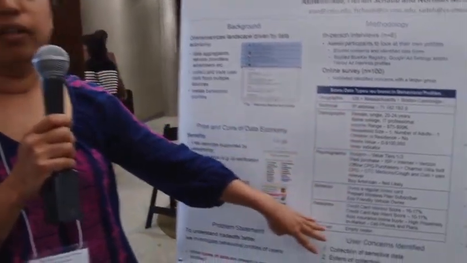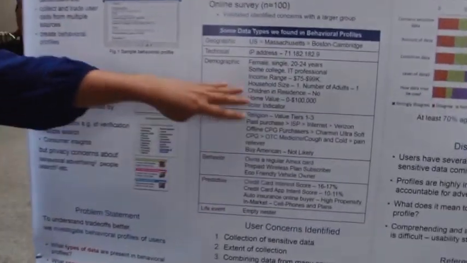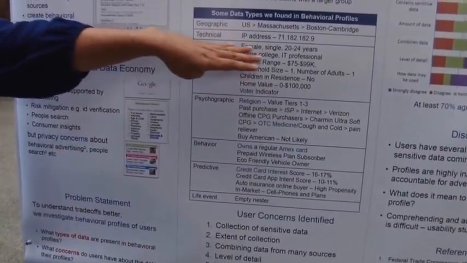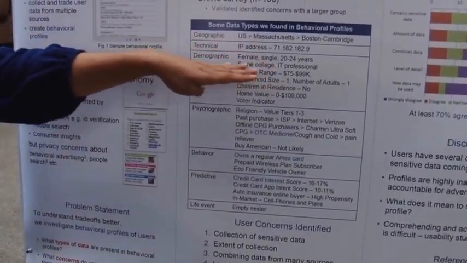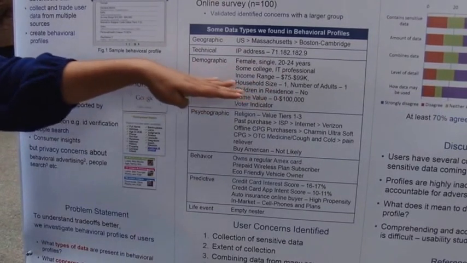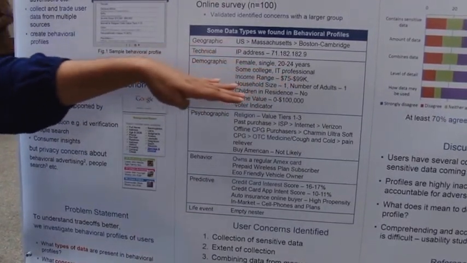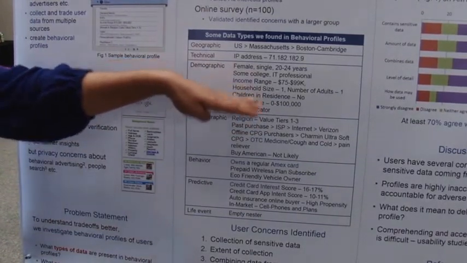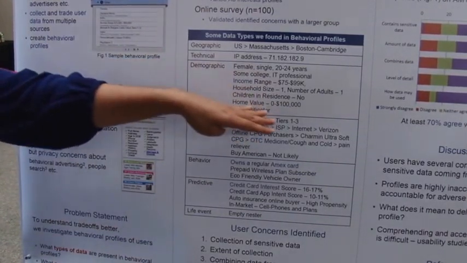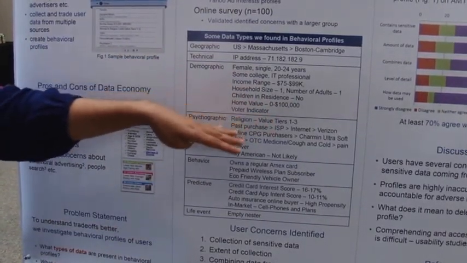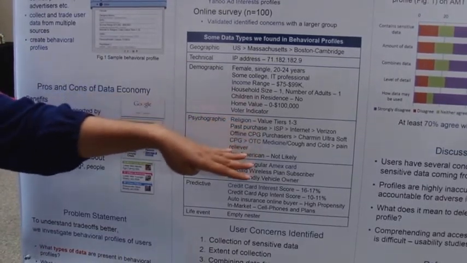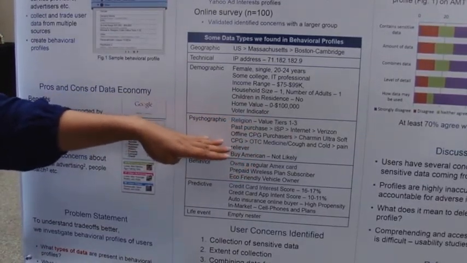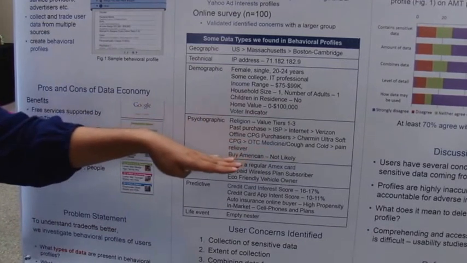We give some examples of data types here. You can see that they have your gender, your marital status, your age, how much you studied, your income range, whether you have kids, whether you vote, what kind of religious values you hold, and what kind of medications.